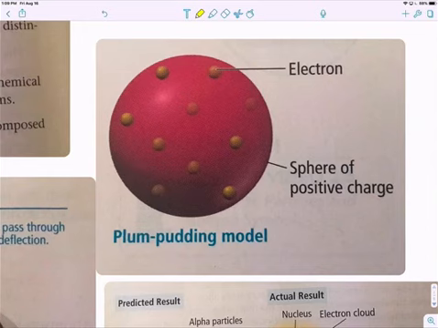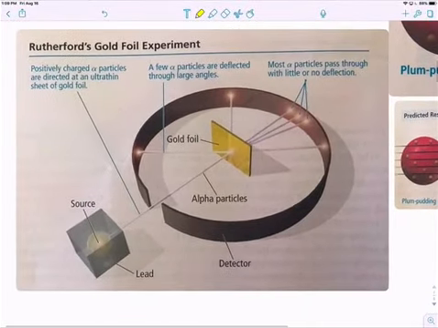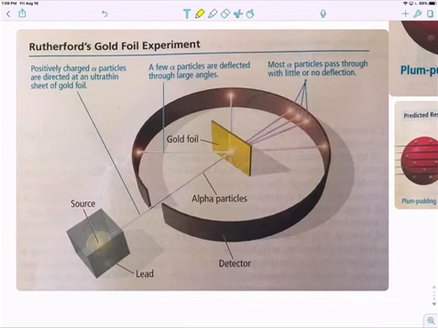So you have this big sphere of positive charge, and you have electrons floating around in that big sphere of positive charge. Then Rutherford came along, and he said, "All right, let's look at this plum pudding model a little bit more." Because Dalton said atoms are solid and indestructible, and then with Millikan and other experiments, we have the plum pudding model.